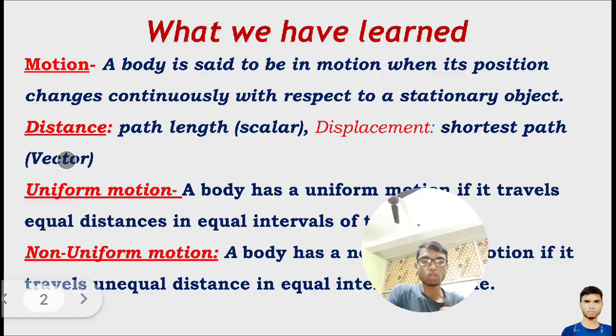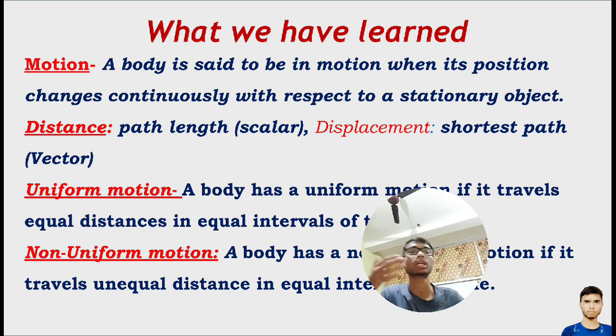Distance is the total path. We don't ignore anything when we are measuring something. But in the discussion of displacement, you will ignore something. This is the difference between distance and displacement.